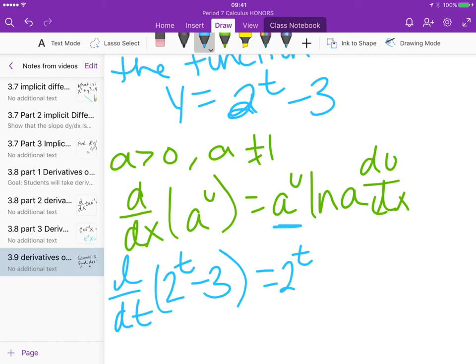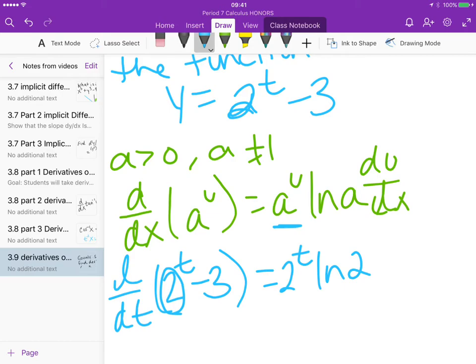And then we need to take the natural log of the base. The base is 2 in a to the u in this case, so we need to take the natural log of 2. And then the derivative of u. Well, u in this case was just t.